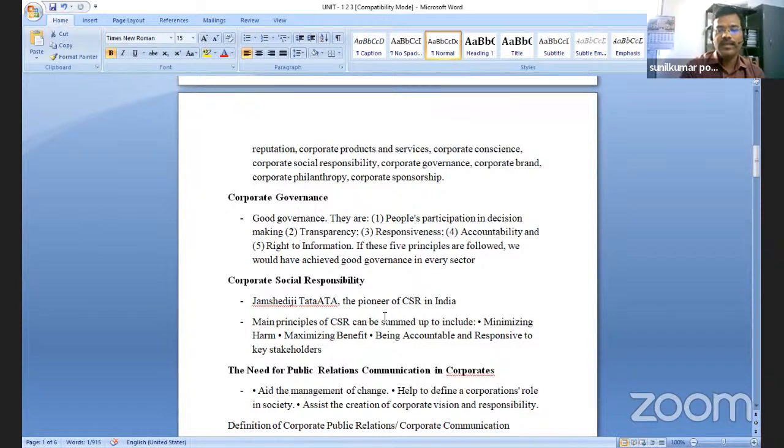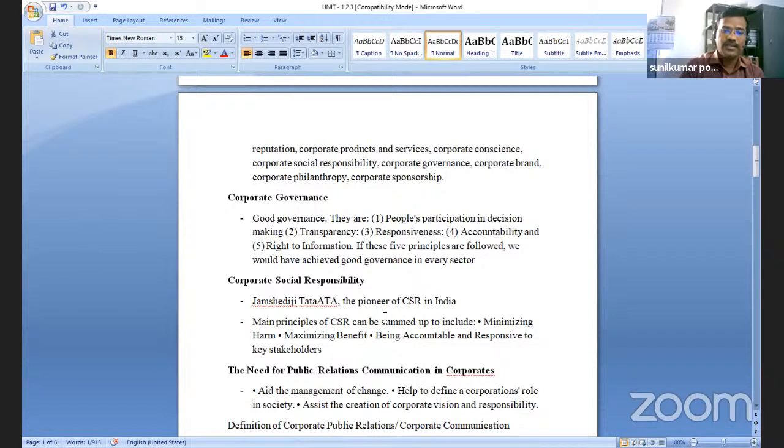Their public means here their customers, employees and dealers. All these come under the publics. So they will take some feedback from the public.